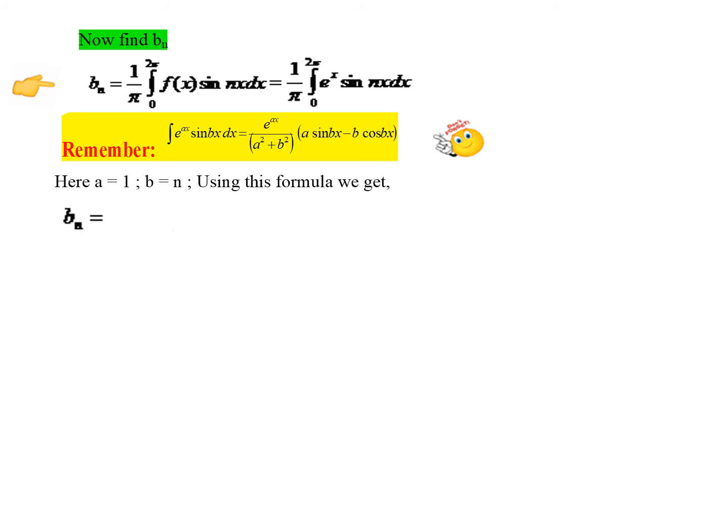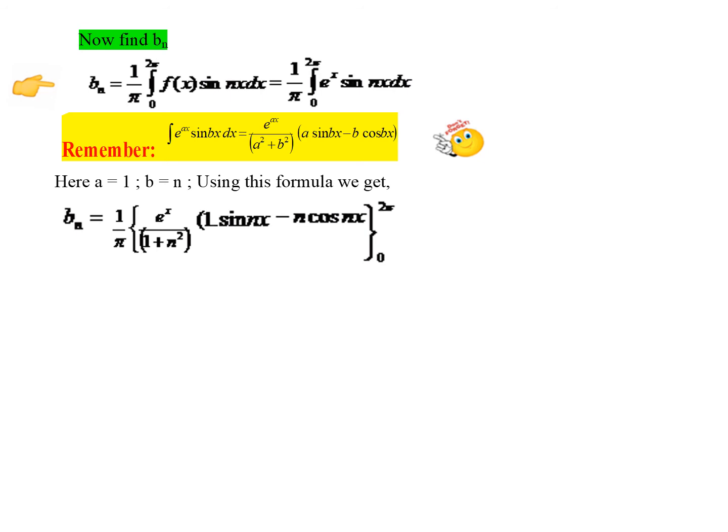So when we use this formula, what is going to be bn? 1 by pi e power x divided by 1 plus n squared, because in the place of a we put 1 and in the place of b we put n, into a into sin bx, that is the first term. So 1 into sin nx minus b into cos bx, that is the second term in the formula. So minus n into cos nx.